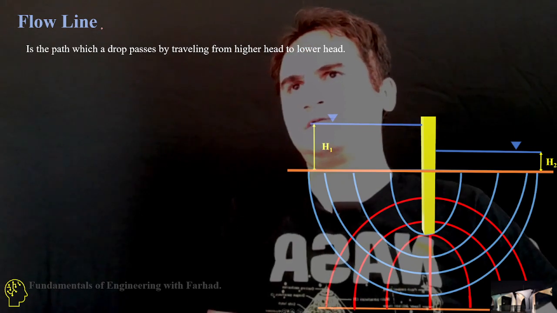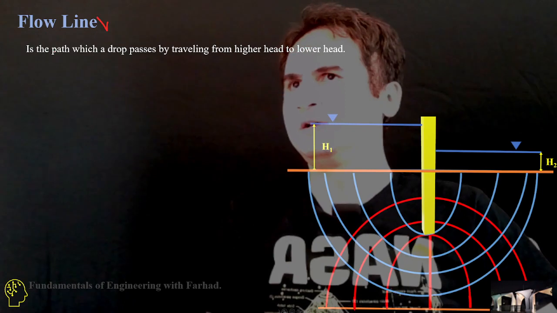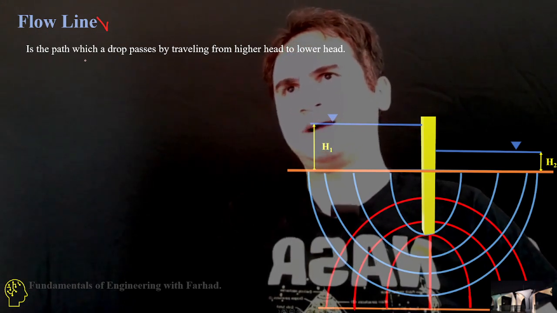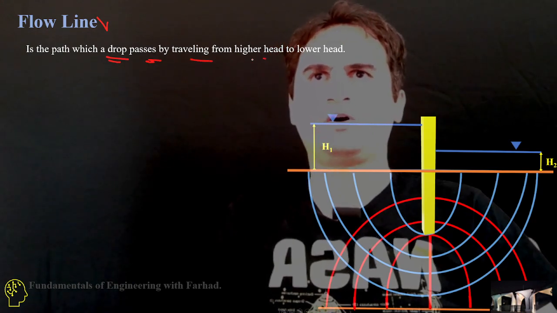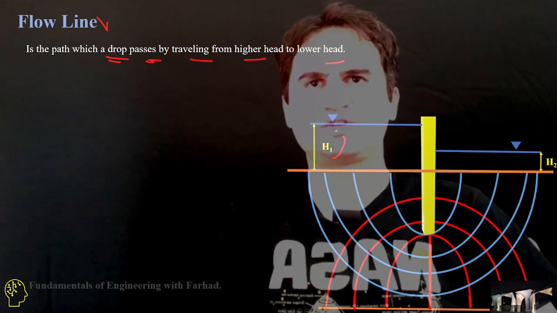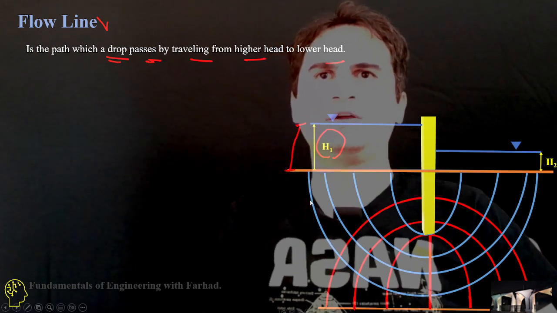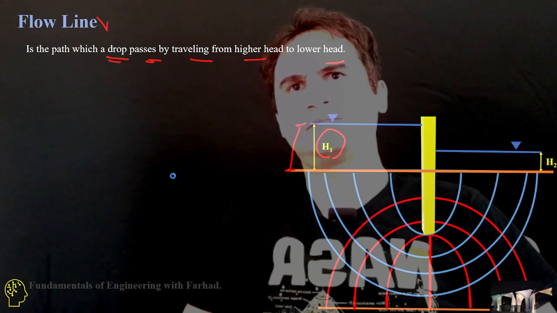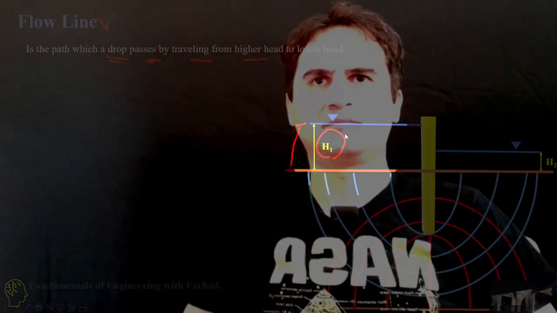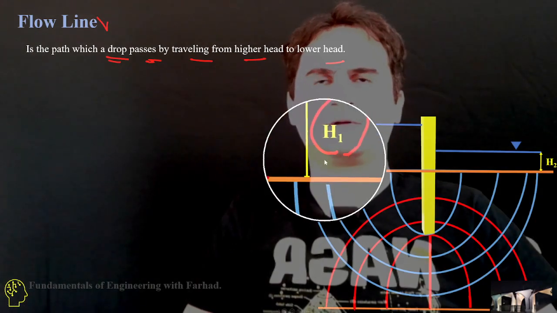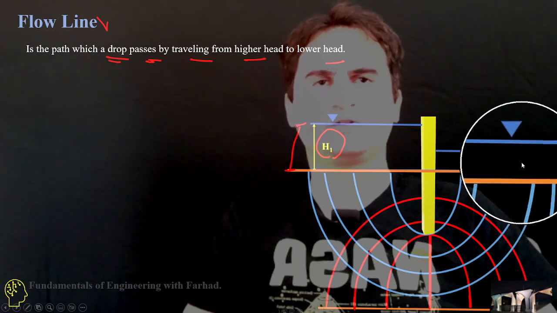So let's define some terms. First of all, flow line. Flow line is the path which a drop passes by traveling from the higher head to the lower head. So if we consider H1 as the bigger chunk of water, the higher head, and the other one is H2, which is the lower water head.